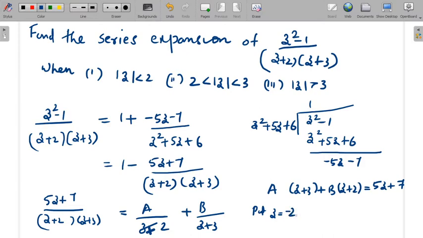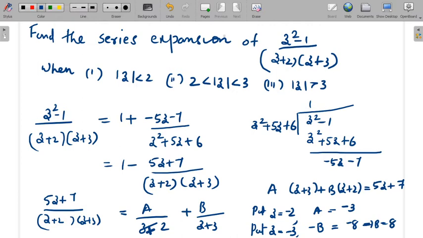Put z equal to minus 2, we get a equal to minus 10 plus 7, which is equal to minus 3. Put z equal to minus 3, we get minus b equal to minus 15 plus 7 is minus 8, or b equal to 8.